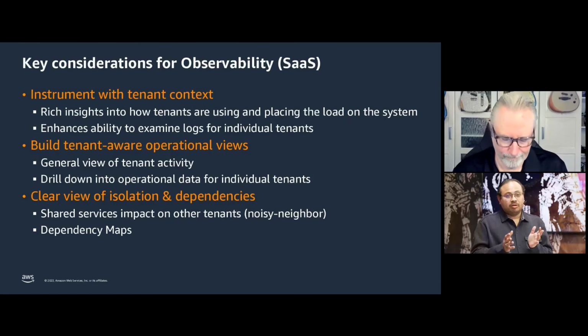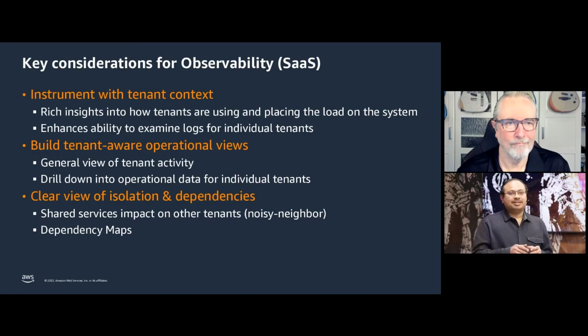So I would want to close this by saying, ensure that tenant context is propagated all throughout the system. It's available everywhere, so that using tools like StackState, you can drill down into tenant-specific operational views.